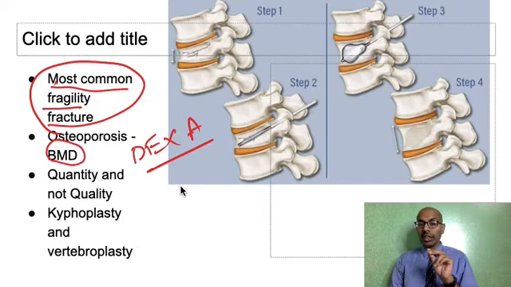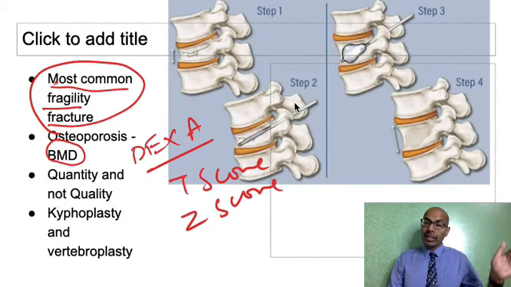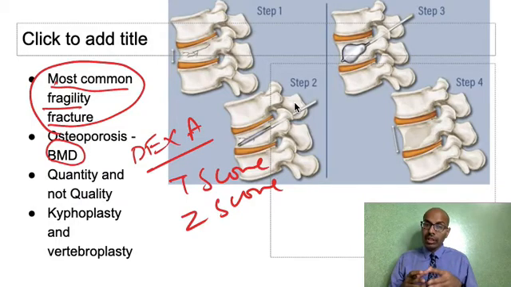According to the DEXA scan, two scores are given: T score and Z score. What is the T score and what is the Z score? T score is the bone density matched to a young adult at the age of 30. So even if you are checking the bone density of a 60-year-old woman, you are comparing it with a 30-year-old woman. Z score is age matched. You are comparing a 60-year-old woman with the normal 60-year-old population bone density. The WHO uses the T score for definition purposes.